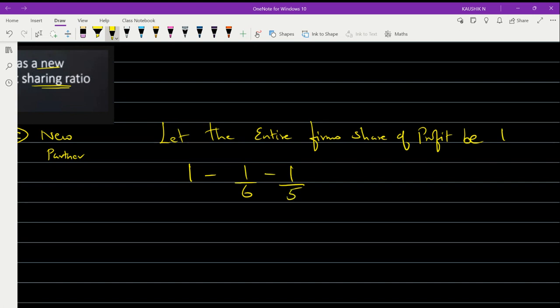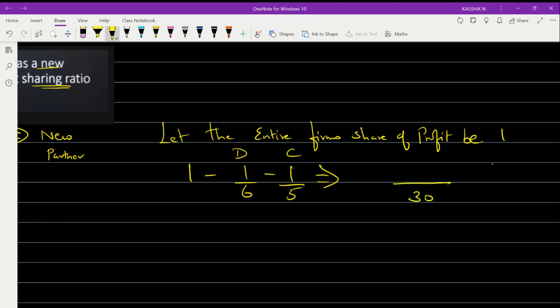Okay, what will be the balance? From the overall share of 1, you are going to give up 1/6 for partner D, and 1/5 for C's share. So what will be the remaining balance? If you take LCM, it comes to 30.